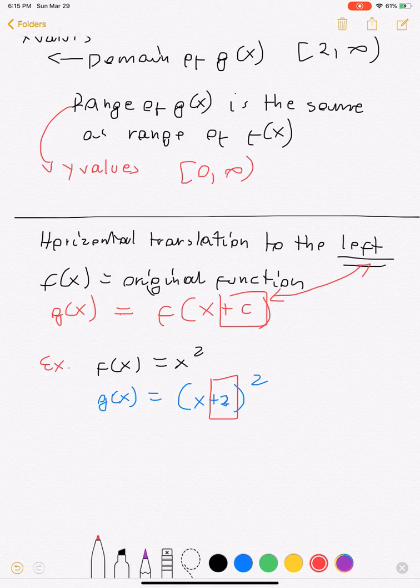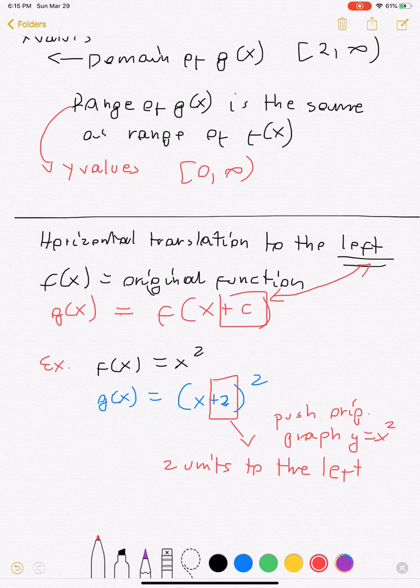You see plus 2, that means push original graph, which will be y equal x squared, two units to the left. Okay, so be careful. You see plus, you're pushing graph to the left.